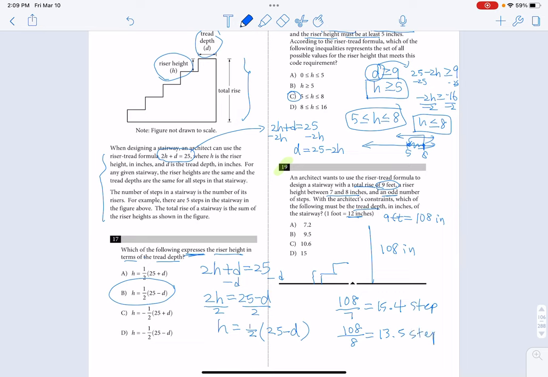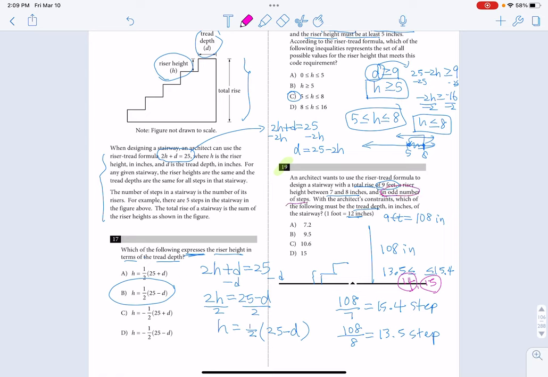But you cannot have a decimal number of steps. So you have 13.5 at one end and 15.4 at the other. The total number you can make will be either 14 steps or 15 steps, but they want an odd number of steps.